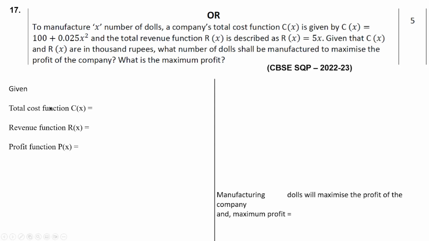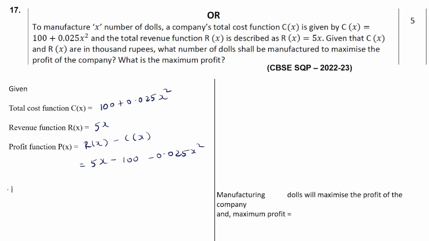So given total cost function, it is 100 plus 0.025x square, and then revenue function is given as 5x. So from this we have profit function given by R of x minus C of x, as 5x minus 100 minus 0.025x square.